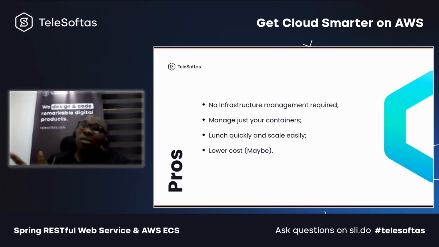You define the ports, you define the amount of CPU and the amount of memory, and also other specific container things. So with Fargate, all you do is manage containers. It takes away from you all the tasks of having to manage your instances, managing whatever other things have to run on your instances.